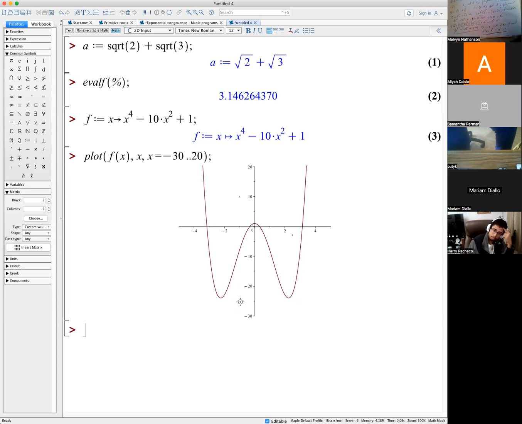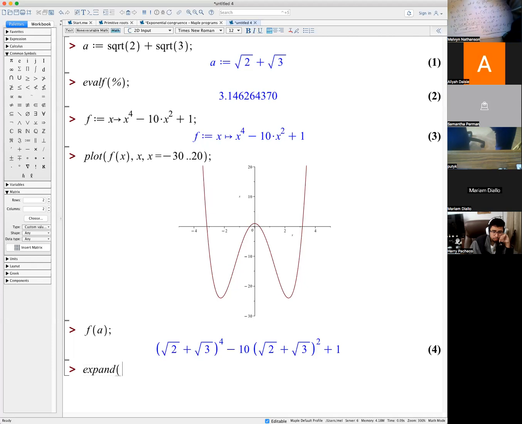But let's actually check. Suppose I compute f of my number a. A is square root 2 plus square root 3. F of a, that's just plugging it into the polynomial. Let's see what happens if I expand it.